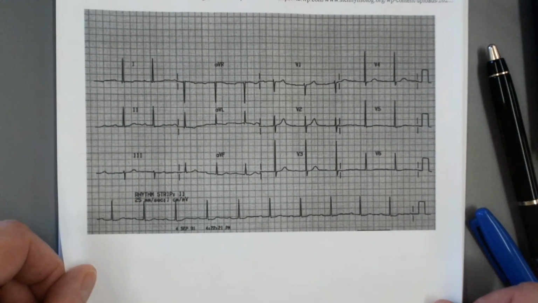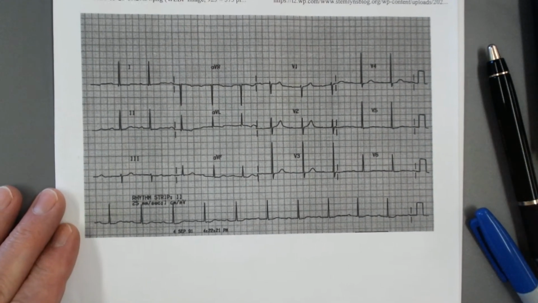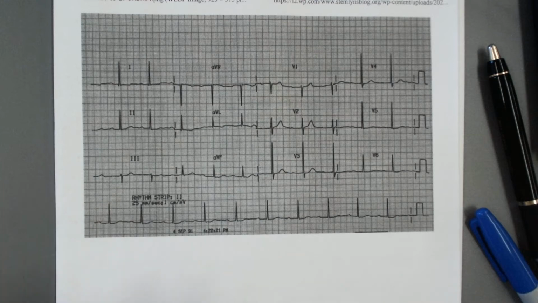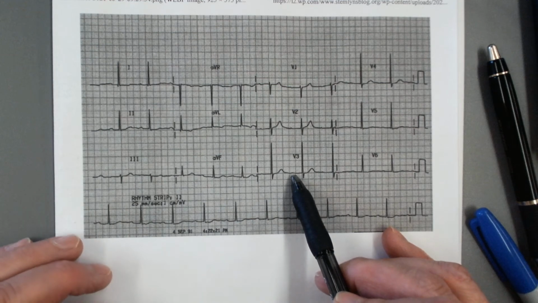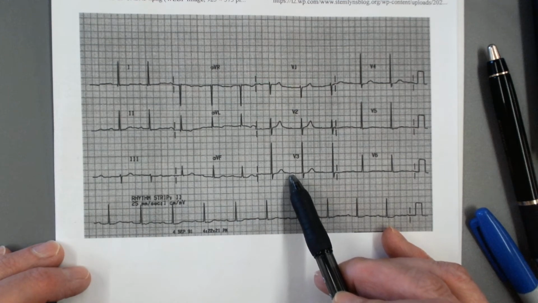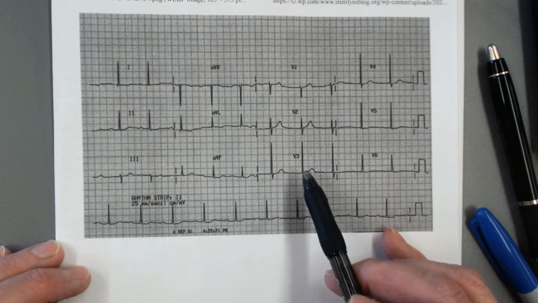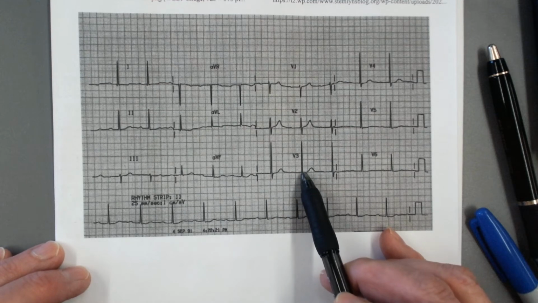First type of heart block is technically not really a block. It's more of a delay. So here is an EKG of an individual with a type 1 heart block. And what I want you to see is that the P wave is quite a bit before the QRS complex.